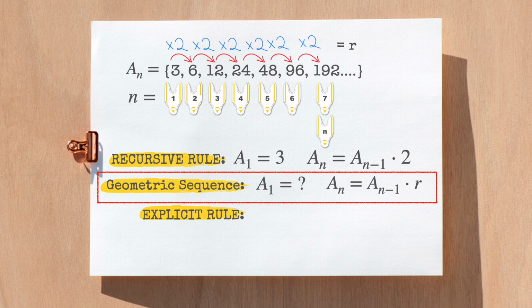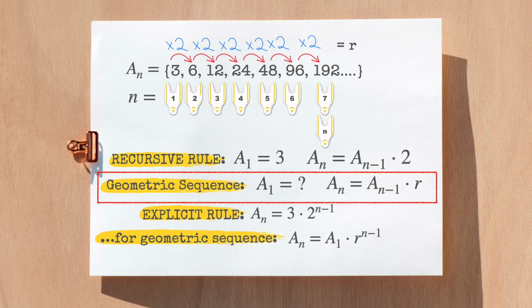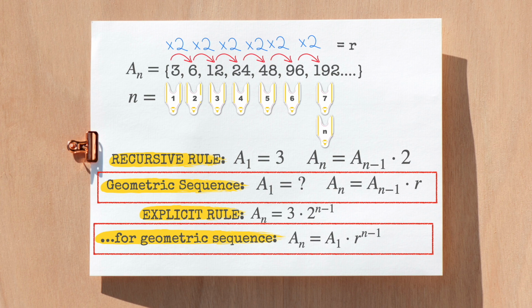So in this case, I'm multiplying by 2 n minus 1 times, and repeated multiplication turns into an exponent. So this could be a sub n is equal to 3, the first term, times 2 to the power of n minus 1. And this gives us a general rule for geometric sequences that says a sub n is equal to a sub 1 times r to the power of n minus 1.